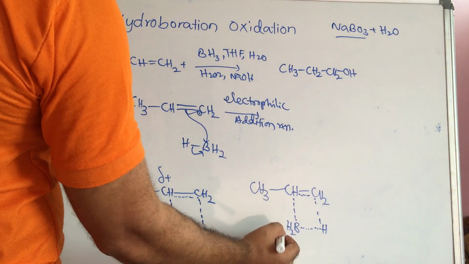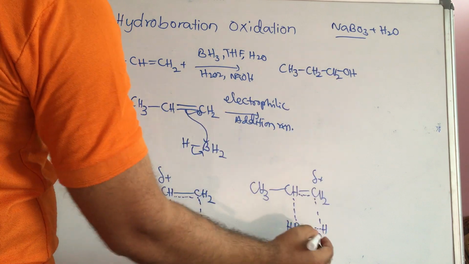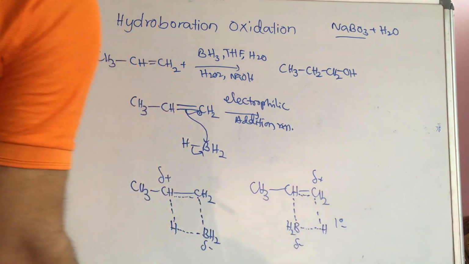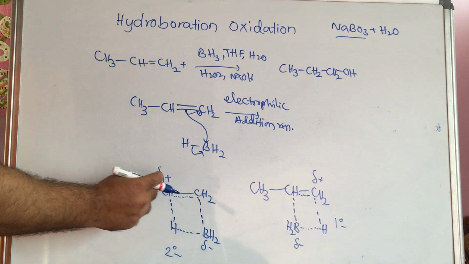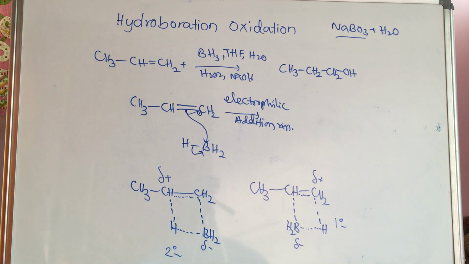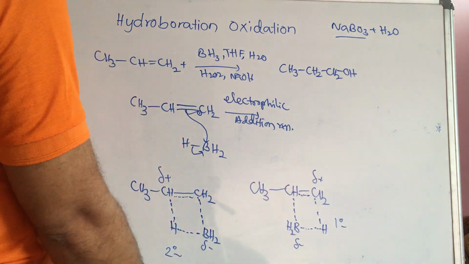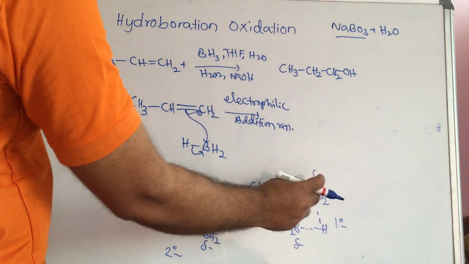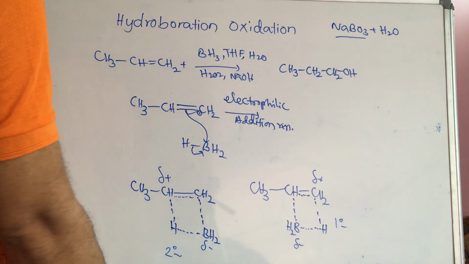That time it will give the partial negative charge, and this will give the partial positive charge. This will be the primary carbocation, and this will get the secondary carbocation. A carbon bonded with two carbons having positive charge is a secondary carbocation. A carbon bonded with one carbon is a primary carbocation. These are non-classical carbocations, which means not completely charged.